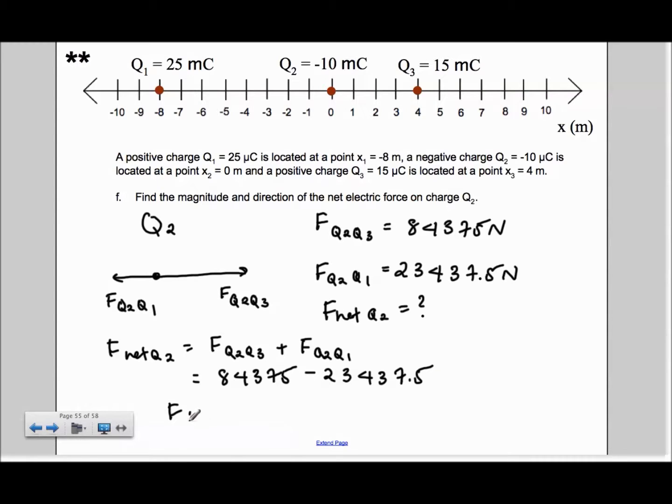So we get that the net force on Q2 is equal to 60,937.5 newtons, to the right, since F Q2 Q3 is greater than F Q2 Q1.